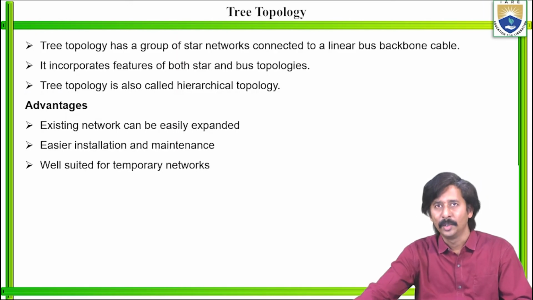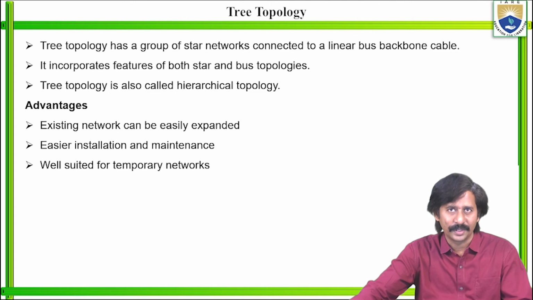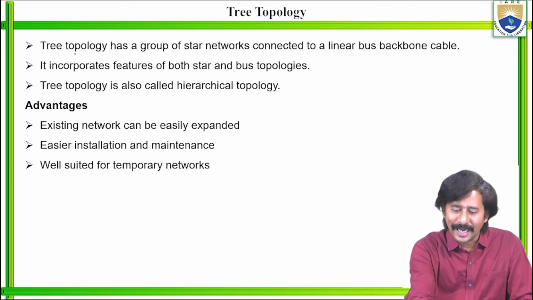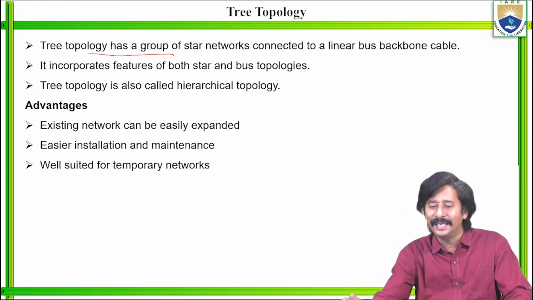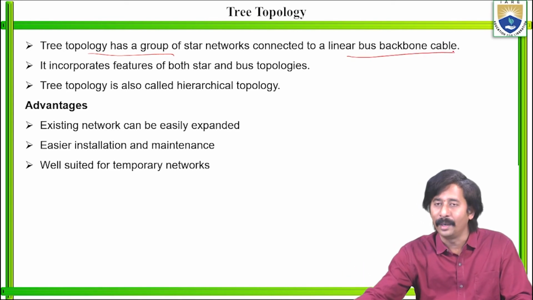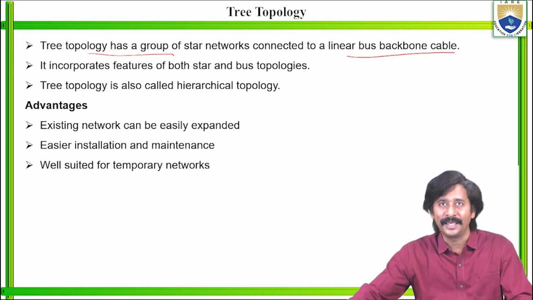Tree topology. So, we know what is meant by tree: a root node and a number of child nodes and leaf nodes. Tree topology has a group of star networks connected to a linear bus backbone cable. There are important terminologies here.